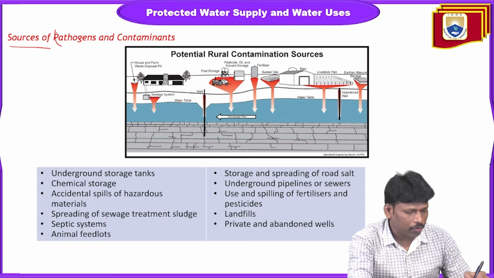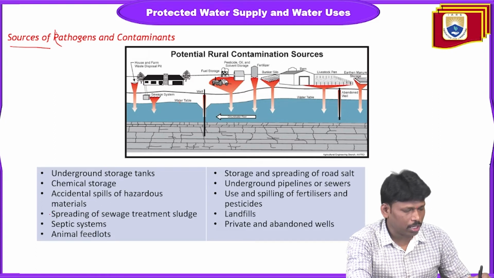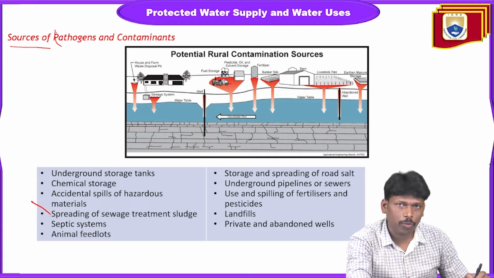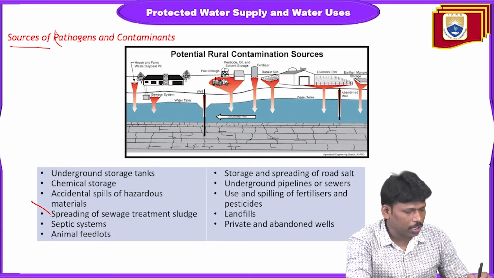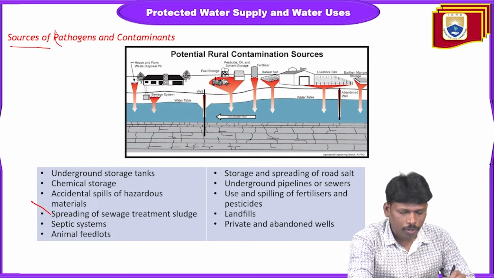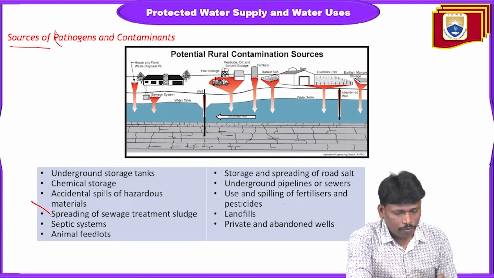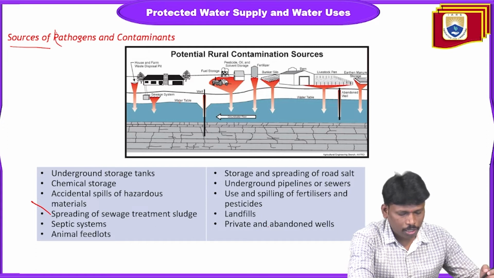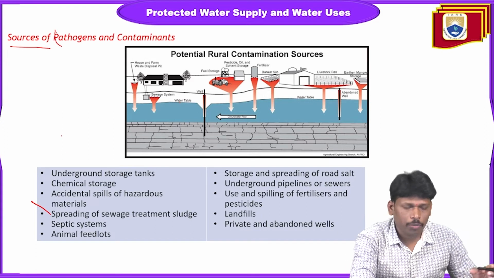Spreading of sewage treatment sludges is also a major source for contaminating water and creating more bacteria. Then septic systems, animal feedlots, storage and spreading of road salt, underground pipelines or sewers, use of fertilizers and pesticides, landfills, and private and abandoned wells are also major sources of contamination.